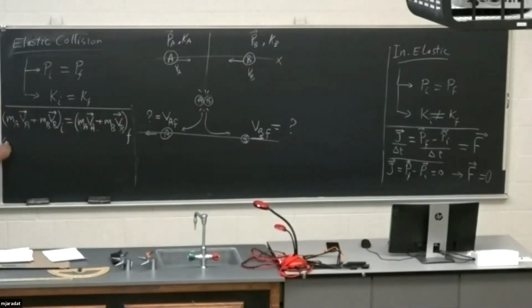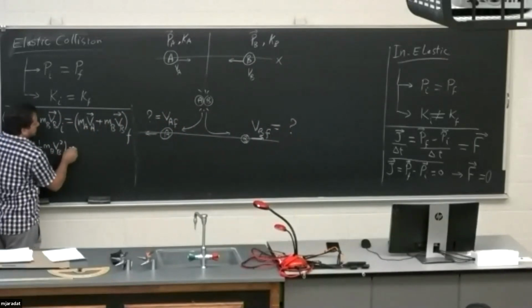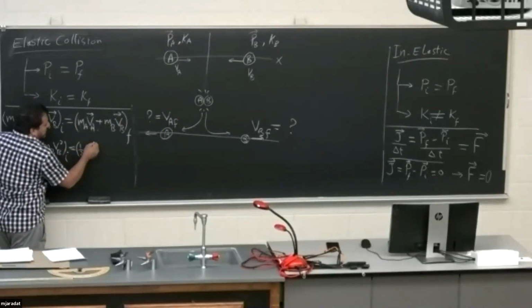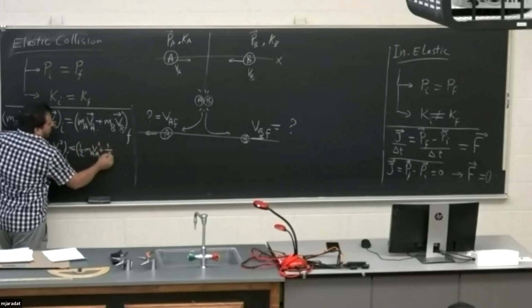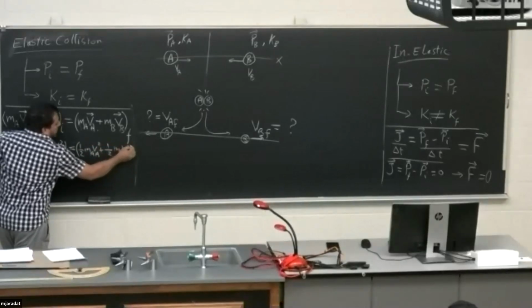So we have 1/2 MA VA squared. There's no vector here. Plus 1/2 MB VB squared. This initially should be equal to, again, 1/2 MA VA squared plus 1/2 MB VB squared.